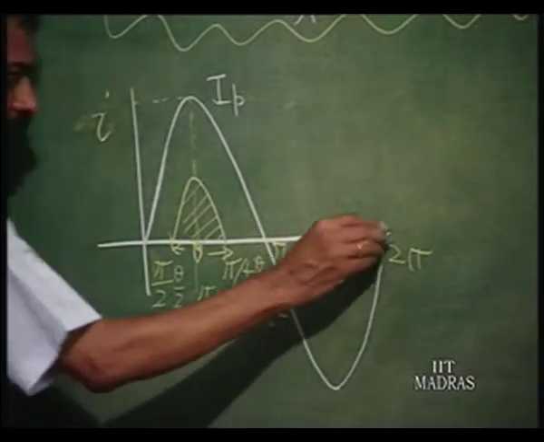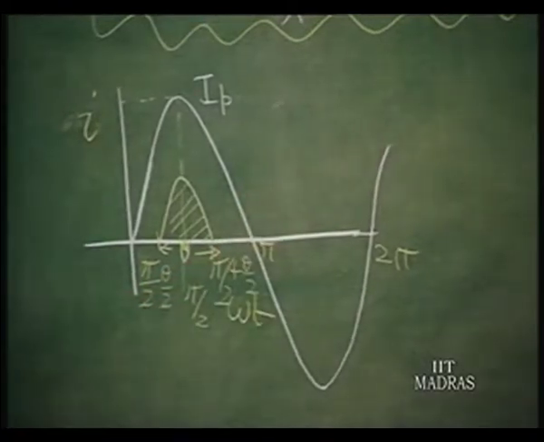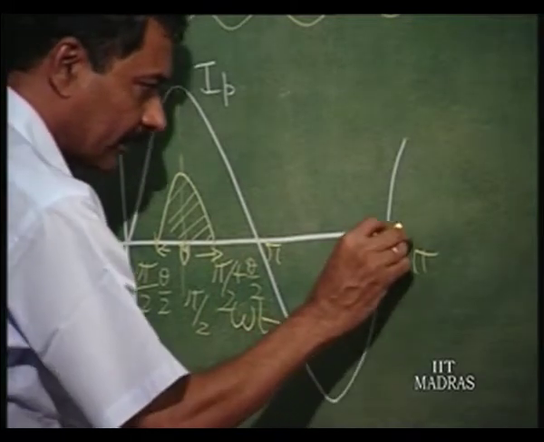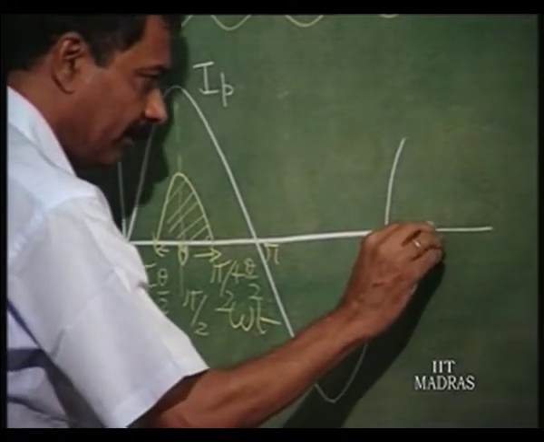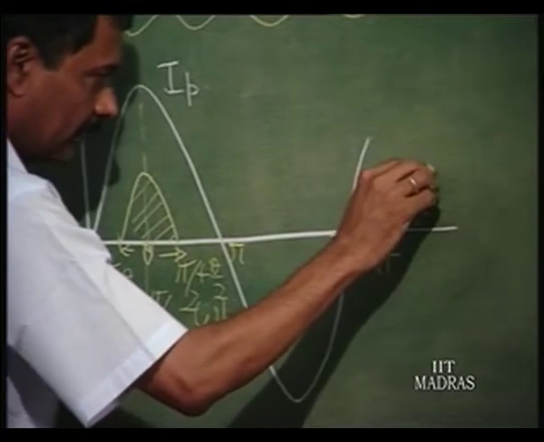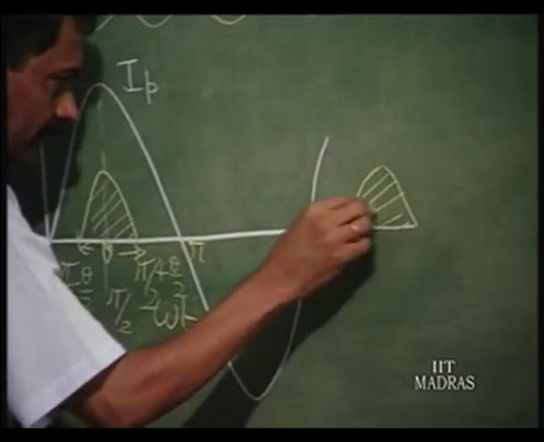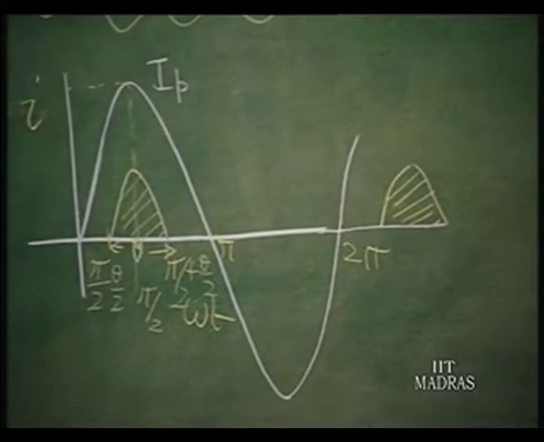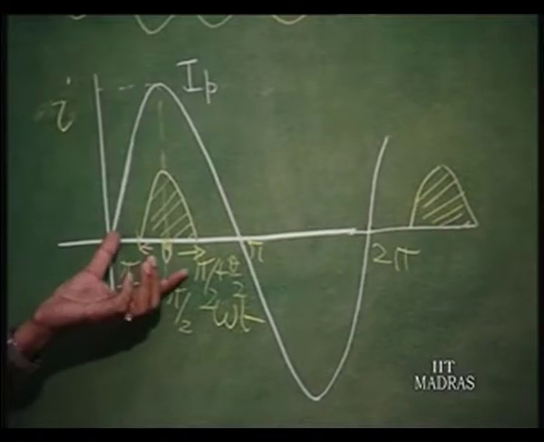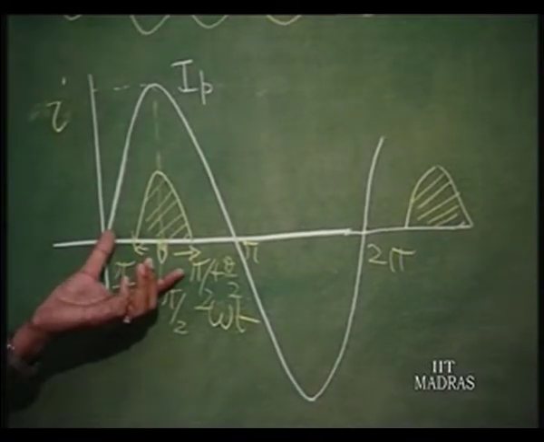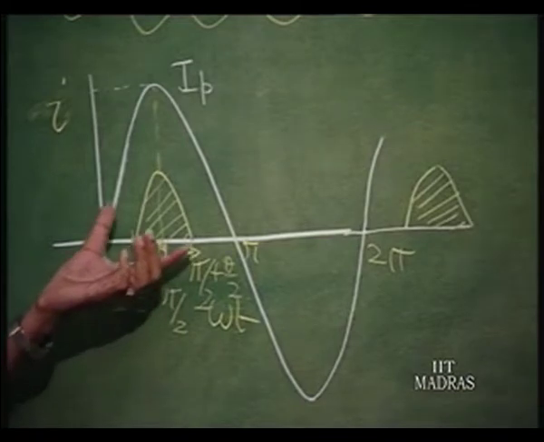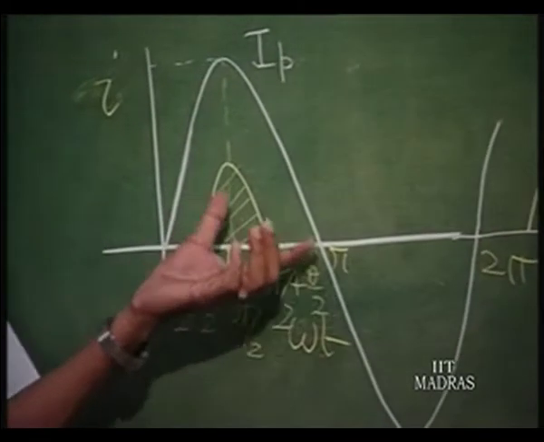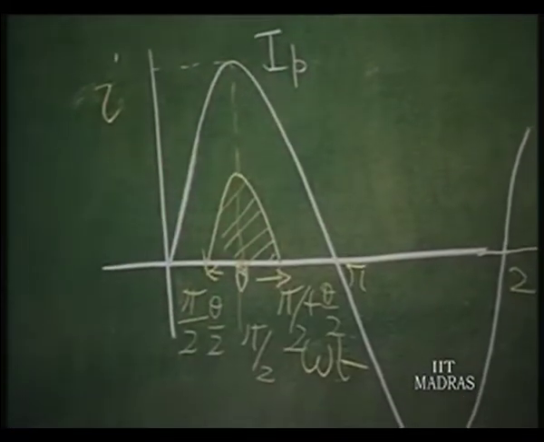So, this is the way it is going to conduct. Next period, of course, it will bring about the same thing. If such is the repetitive nature of this waveform here, we know that this can be expanded by its Fourier series expansion into a DC, we call it A0, and fundamental component with peak A1, second harmonic, third harmonic, like that.